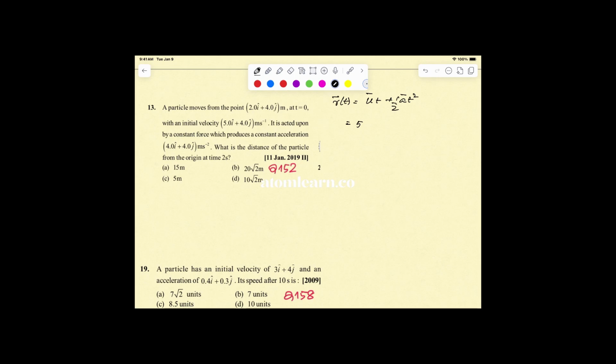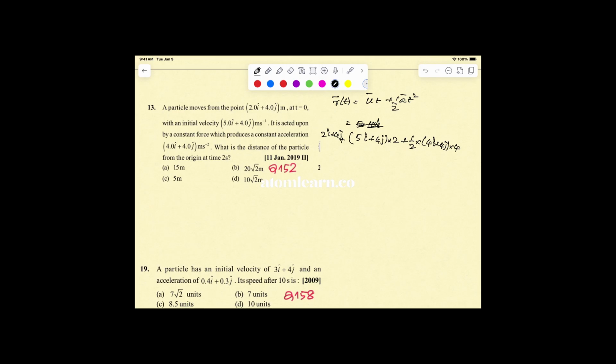At t equal to 2 seconds, it is 5 i cap plus 4 j cap into 2, plus half into 4 i cap plus 4 j cap into t squared, which is 4. Now we also add the initial position, which is 2 i cap plus 4 j cap.